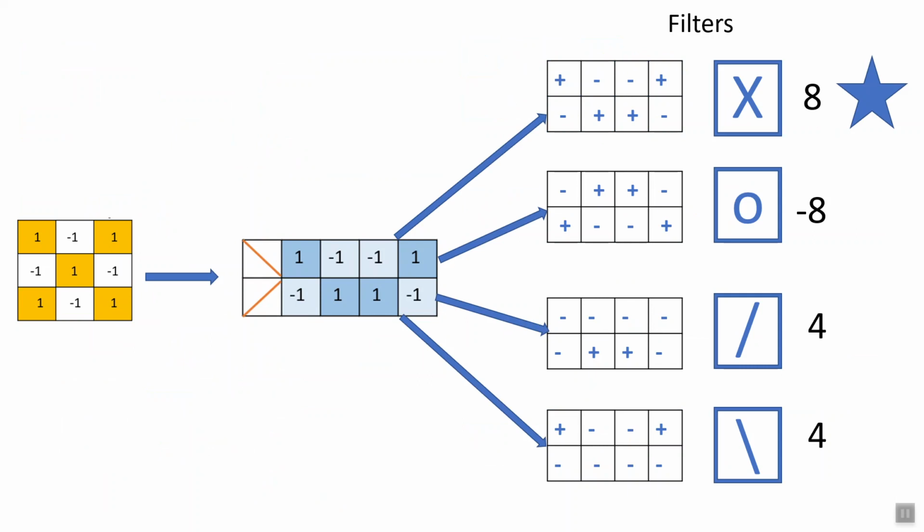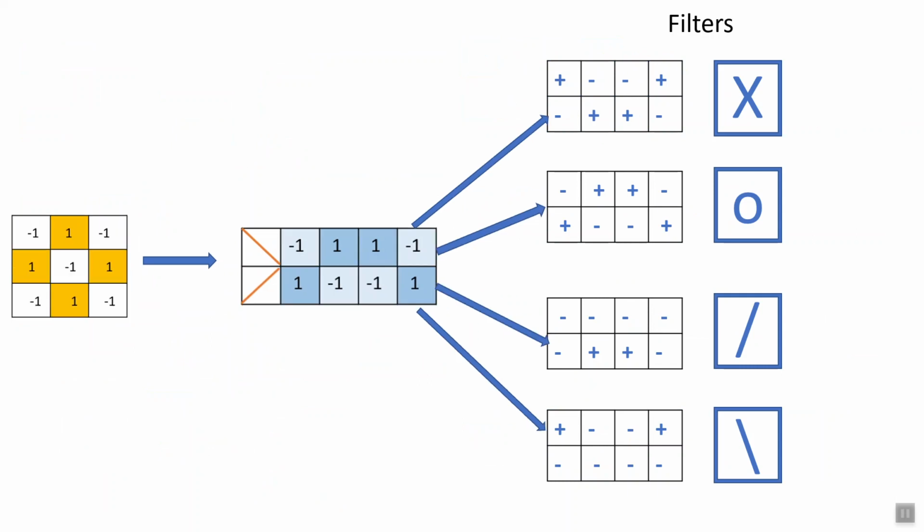Okay, so let us see about the O value. Related to O, the first value we are getting is -1. So the first filter gives you the -8 value, the second filter gives you the 8 value, the third filter gives you -4, and the fourth also gives you -4.